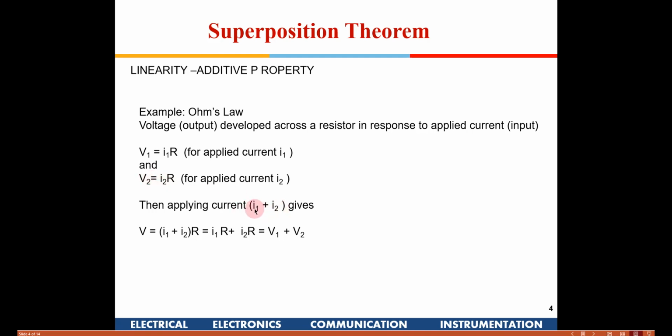Now what happens if I supply current I1 plus I2 into the same resistor? Then the voltage V will be (I1 plus I2) times R. If I open up the bracket, it will be I1 R plus I2 R, which gives me V1 plus V2. This proves that the resistor is a linear additive element.